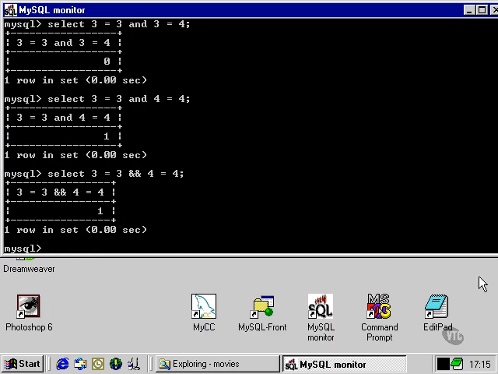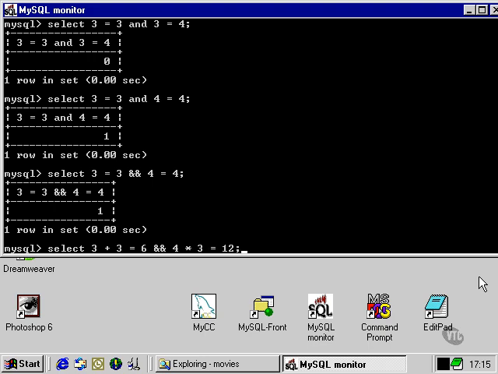As we can see, it's possible to string together more complex expressions. We could combine here arithmetic operators with comparison and logical operators to form quite a complex little statement here.